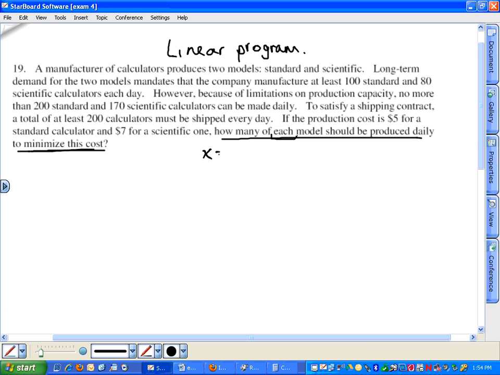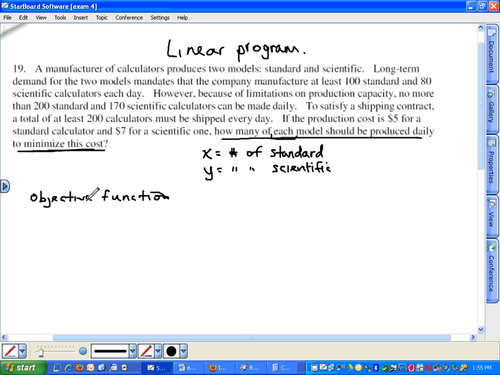So we can let x equal the number of standard calculators, and we can let y equal the number of scientific calculators. The objective is to minimize cost, so we have to have an objective function.